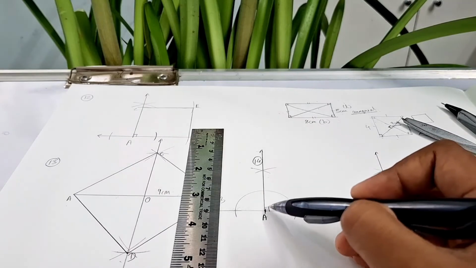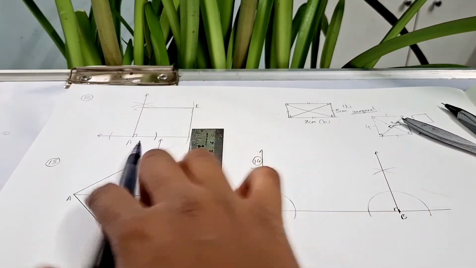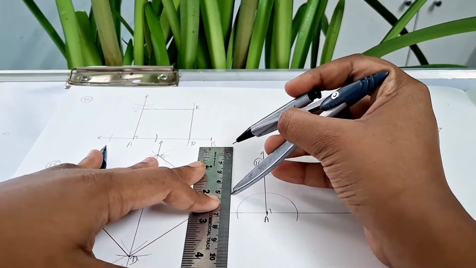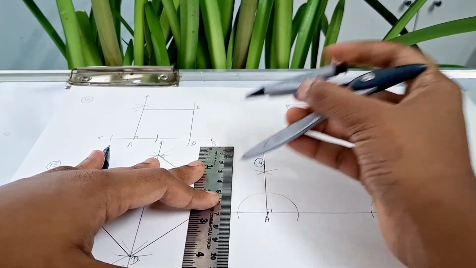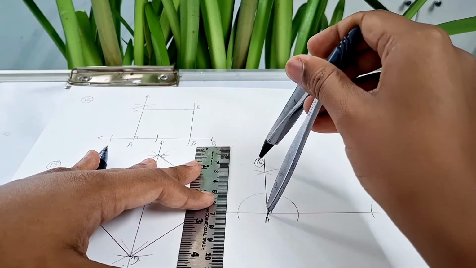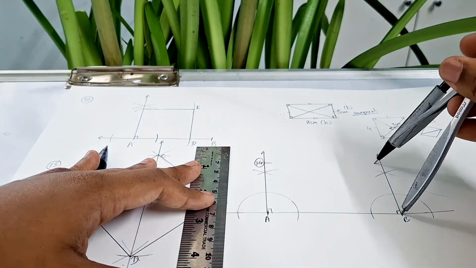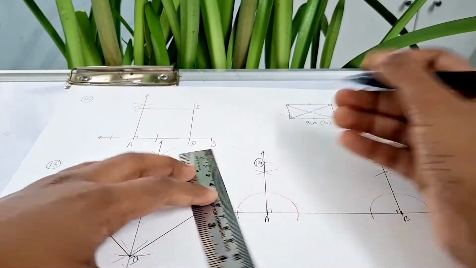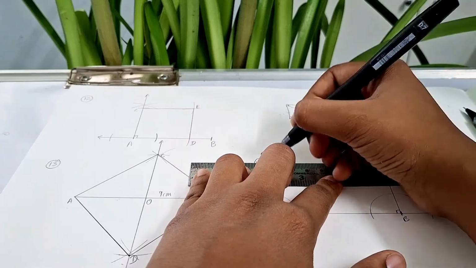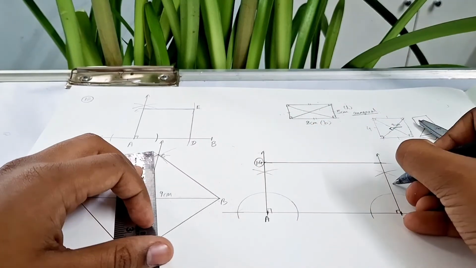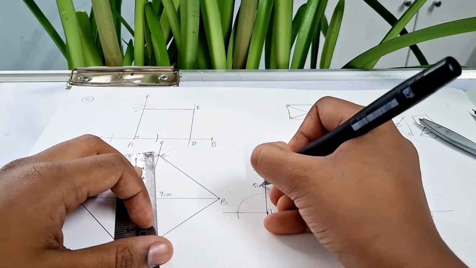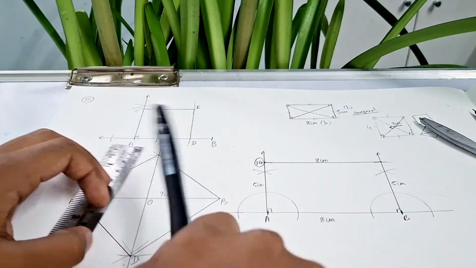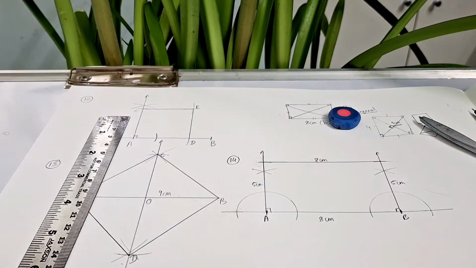So as we know that these two sides measure 5 cm, what we have to do is just make arcs or markings with the help of arcs at 5 cm from points A and point B. So this is 5 cm and 5 cm. The construction is complete.